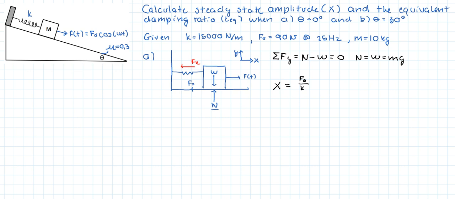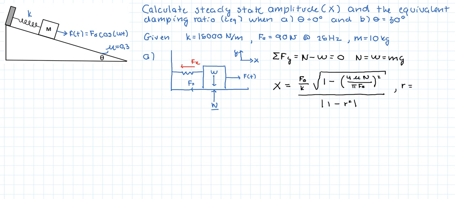So it's F naught divided by the stiffness constant multiplied by the square root of 1 minus 4 times mu times the normal force divided by pi times F naught. We square this. All of this is divided by the absolute value of 1 minus r squared, where r is equal to the excitation frequency divided by the natural frequency.